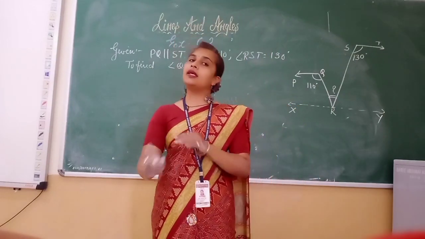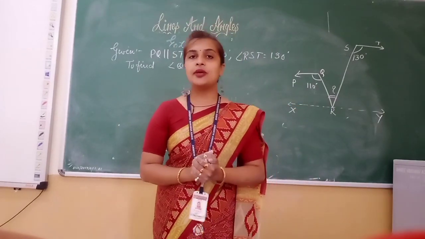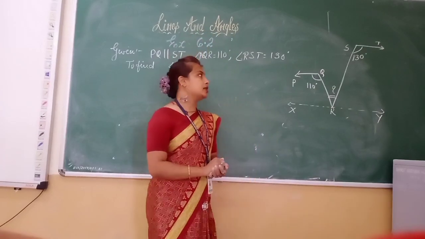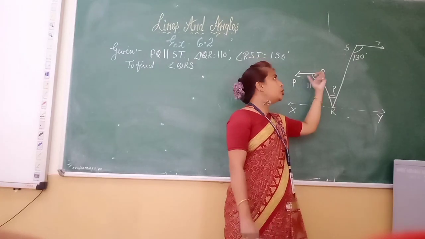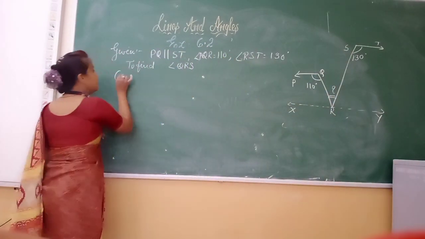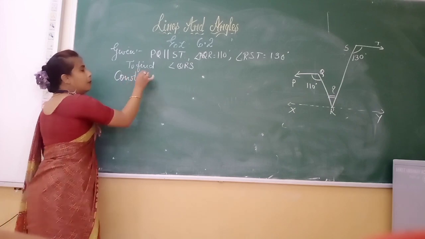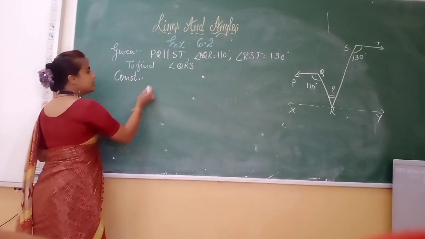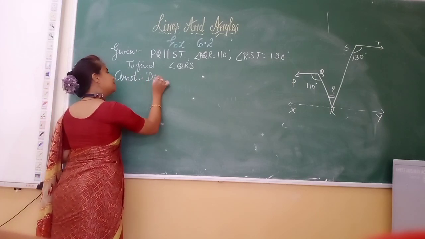PQ के पैरेलल है, then exactly वो ST के भी पैरेलल होगा because already PQ and ST are parallel to each other. तो जब PQ और ST के पैरेलल हम एक लाइन XY ड्रॉ कर लेंगे, then बताओ आप लोग क्या होगा, हम इसको कैसे फाइंड कर सकते हैं?